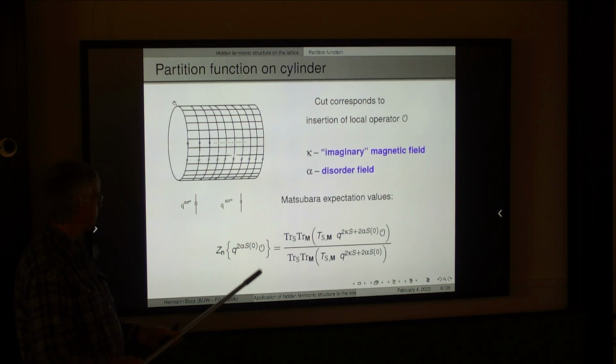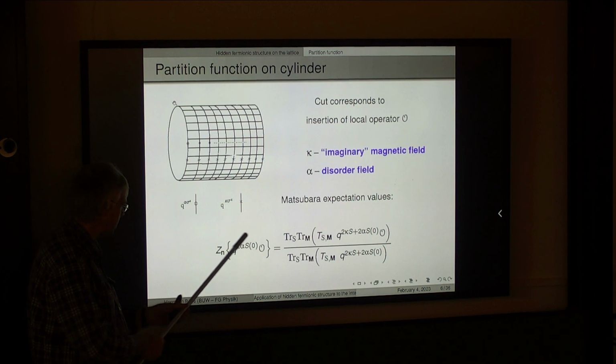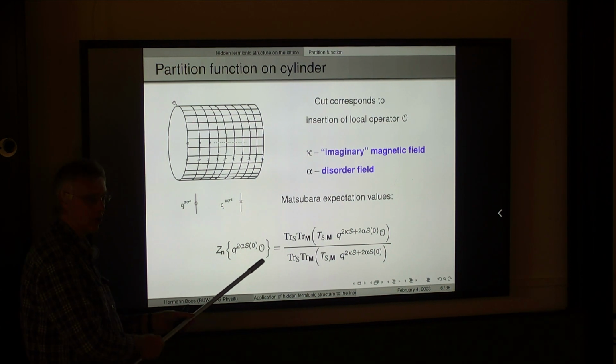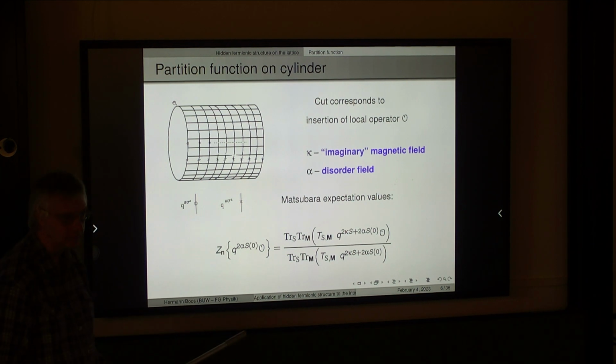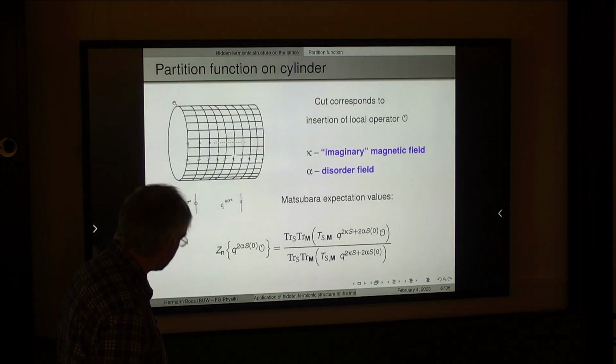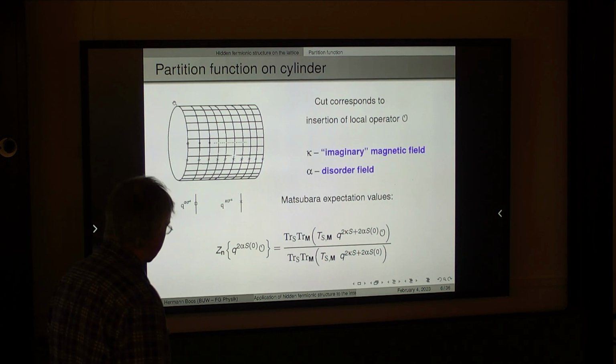And mathematically it looks like some functional which acts on the quasi-local operators. And these functionals will be called Z.